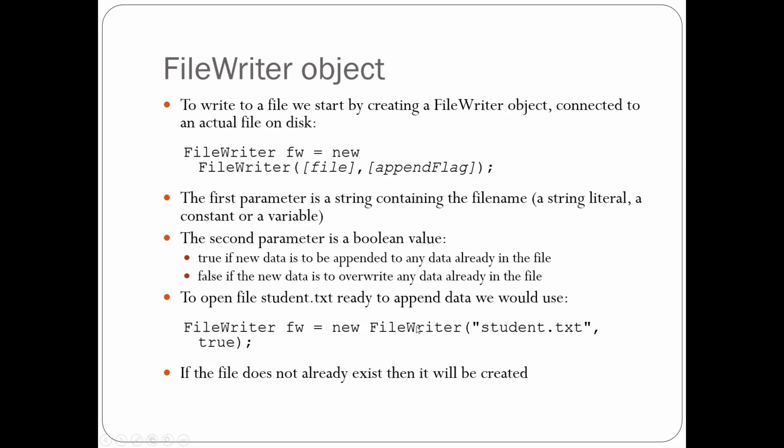And in that FileWriter object, that's the name of the text file we want to connect to. And in this case, we've set the append flag to true. And what that means is when we write data to that student text file, we will add new data onto the end. We won't overwrite stuff that's already in there. One thing that is quite good about this FileWriter object is that if there isn't a file, it will make one for us. So if student.txt doesn't exist, it will create it for us.